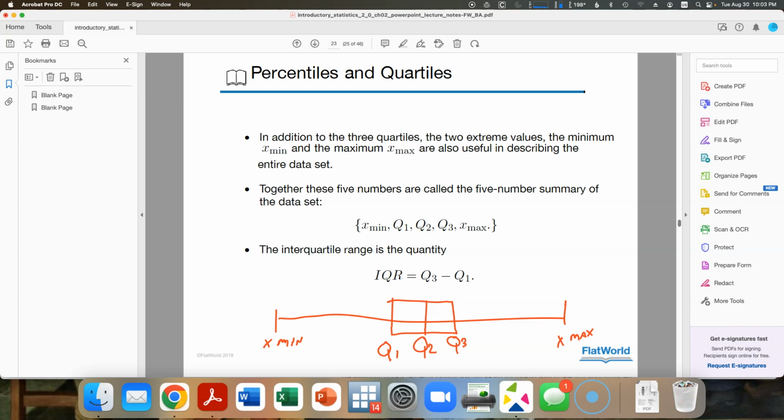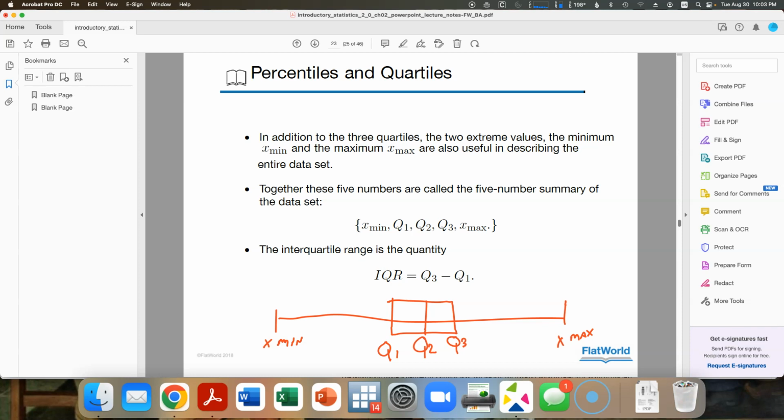And we can add to it the quartiles. So we'd have X min, X max, and then quartile 1, 2, and 3. But you can see here with that 5-number summary, you get again a pretty useful description of how much variation there is in the data.